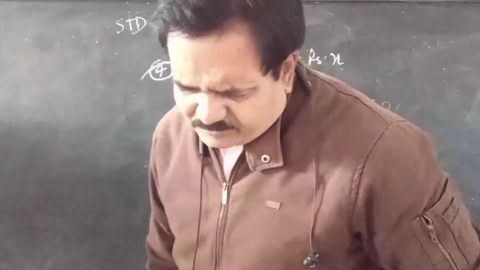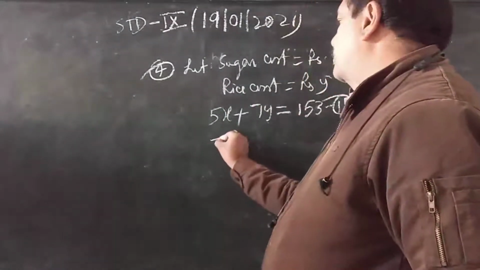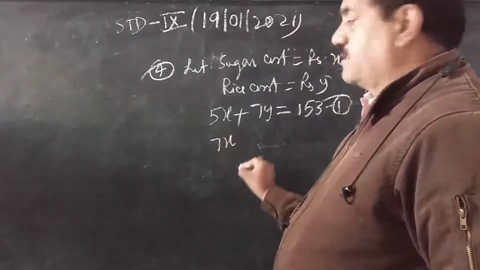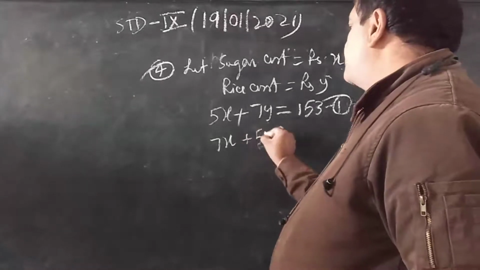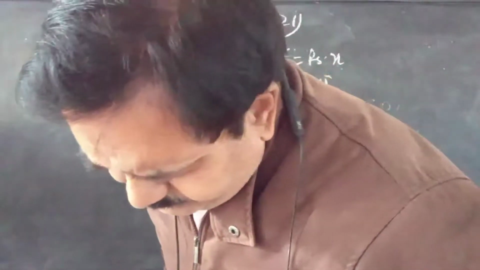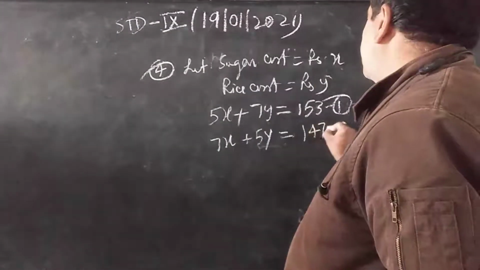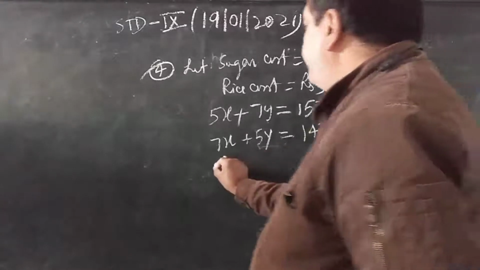Right. Second, 7 kg sugar cost. Total cost of 7 kg of sugar 7x plus total cost of 5 kg rice 5y. This cost is given 147. This will give the second equation.